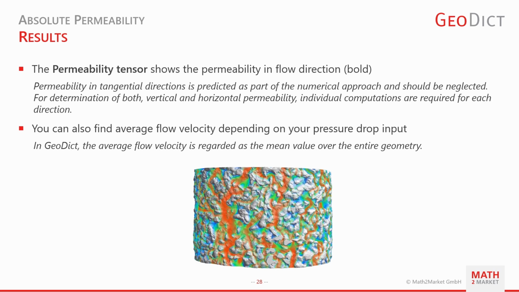So this means that you would need 3 independent calculations of flow. The permeability tensor of these 3 main directions displays the respective permeability for the whole rock core. In FlowDict, you may also visualize the fluid flow velocities in each direction separately.